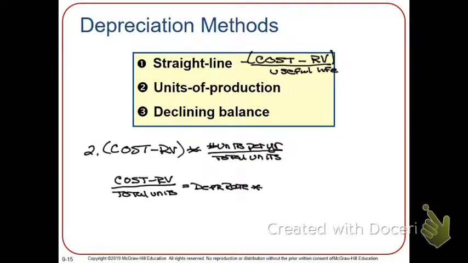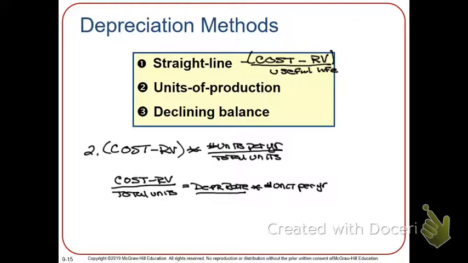And then you multiply that times the number of units per year. So once you get this rate, you only have to multiply it times the number of units per year. You don't have to keep doing the whole formula. I'll show you when we work it out how you can do it. It doesn't matter to me which formula you use. I just find the second one easier, so I like to show it to you guys. You can decide which one you want to use.